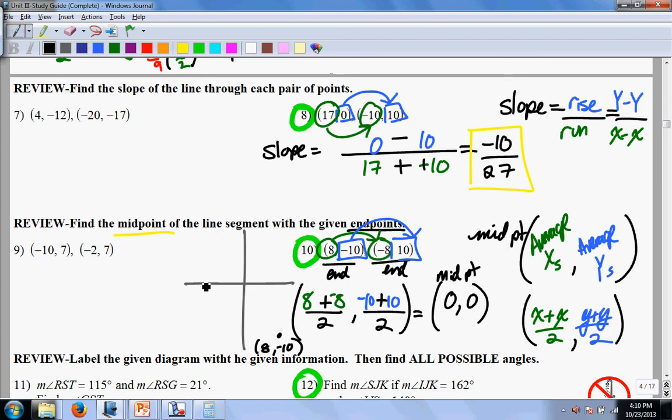So negative 8 would be this way. Positive 10 would be way up here. And now we're claiming the midpoint is right here at 0, 0. If this were a test, I'd make sure the graph is very accurate. But you can see, yeah, 0, 0 looks like the midpoint. And mathematically it is.